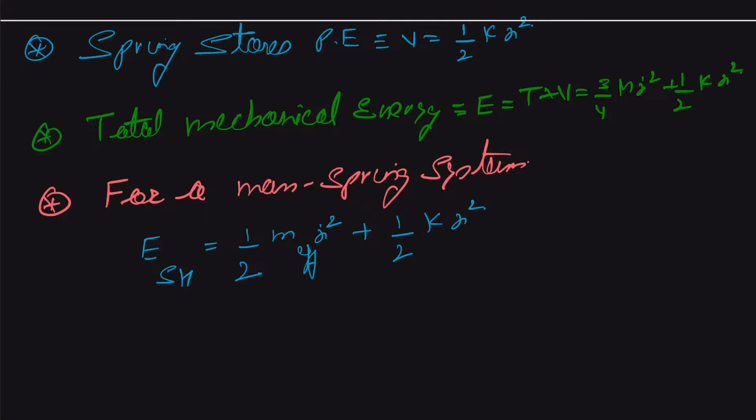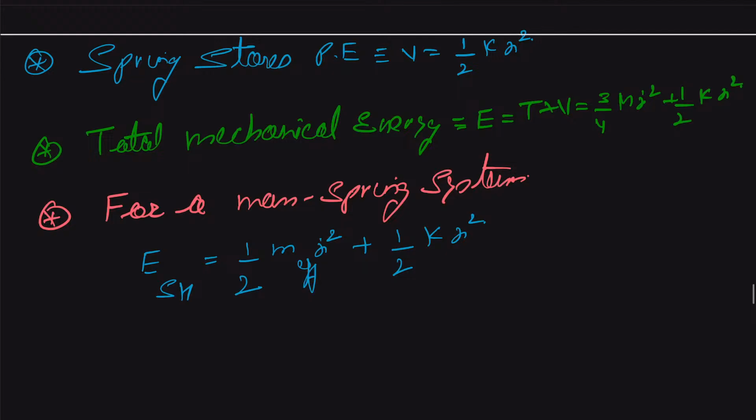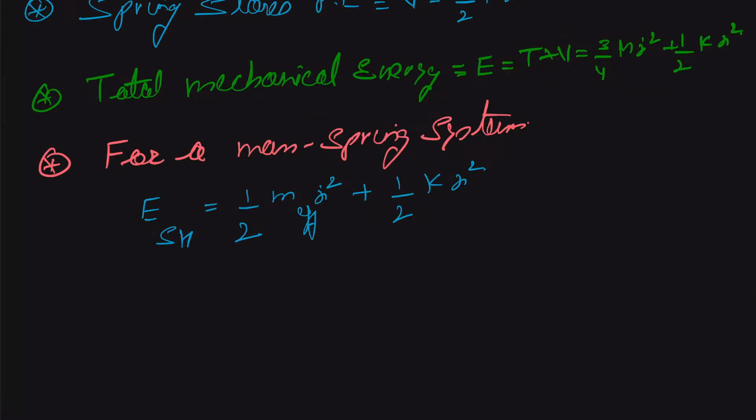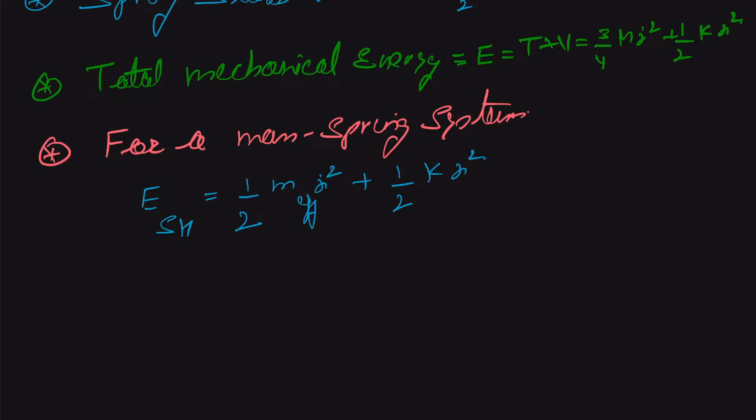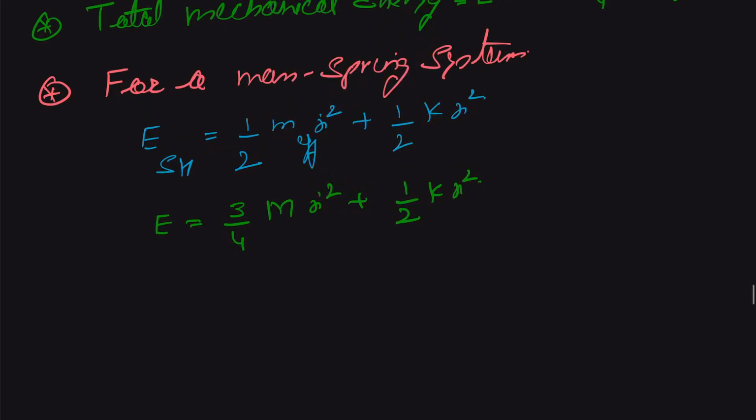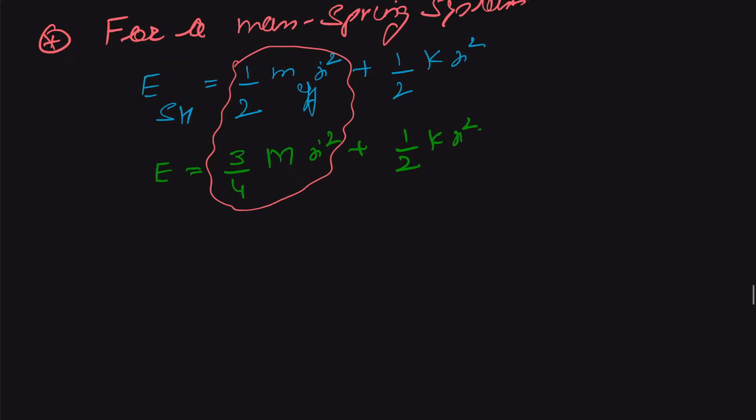Comparing one to one with the equation we got, E equals 3/4 m x dot square plus half k x square, these are equivalent terms.